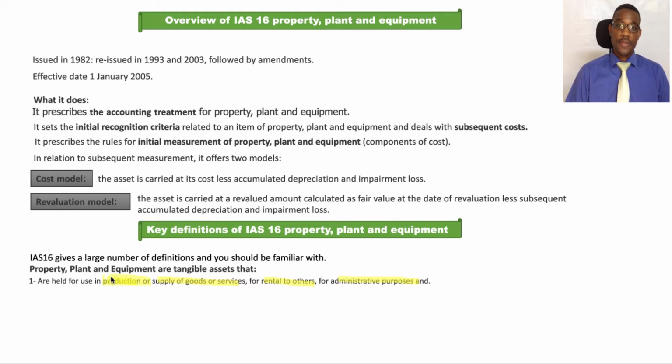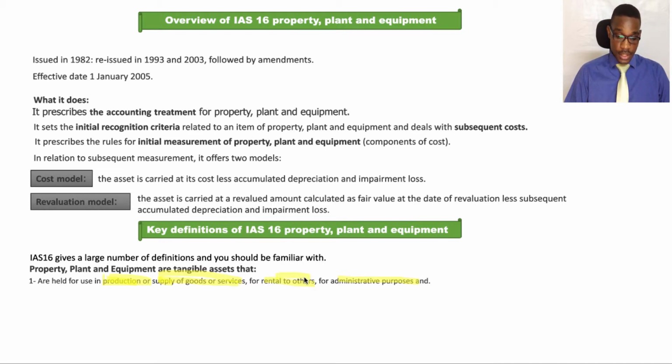For example, a production machine in a manufacturing company, or supply of goods or service. For example, if you have vehicles that you use to provide service or goods to your customers, this vehicle is classified or defined as fixed assets.